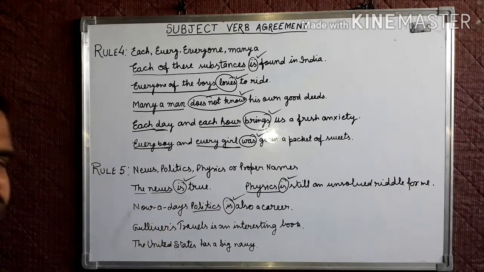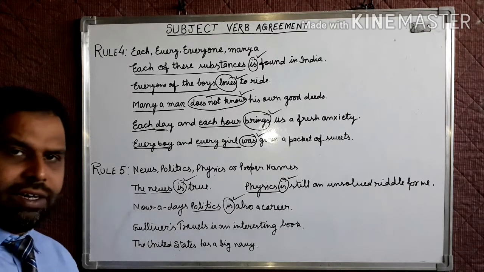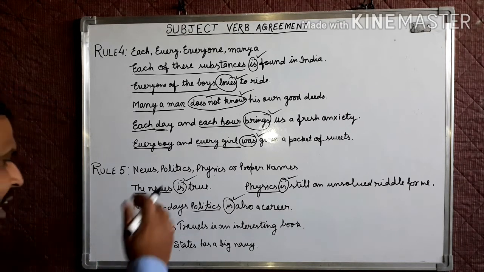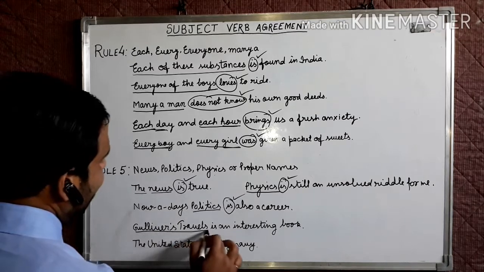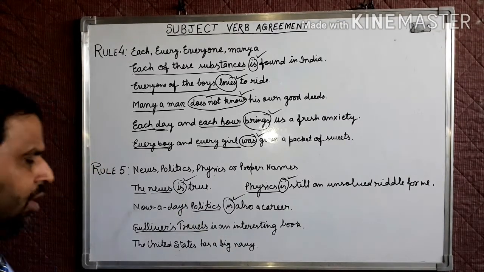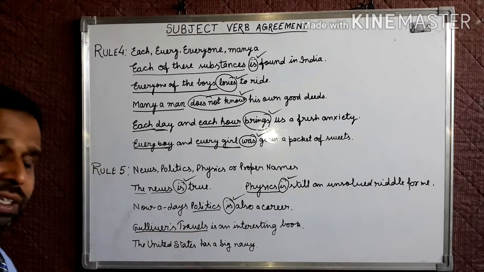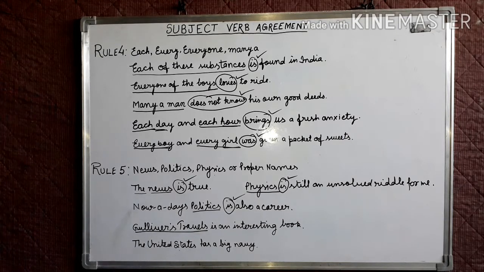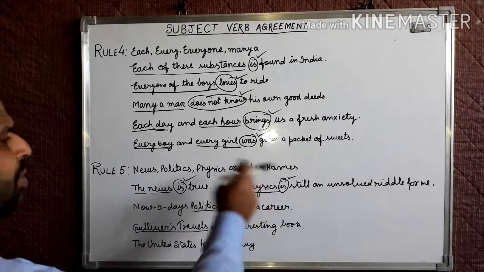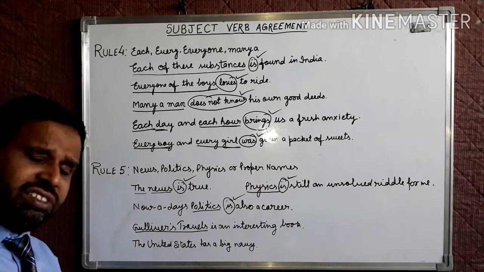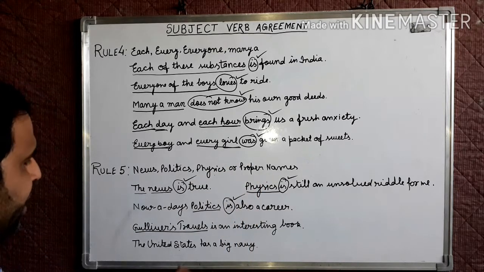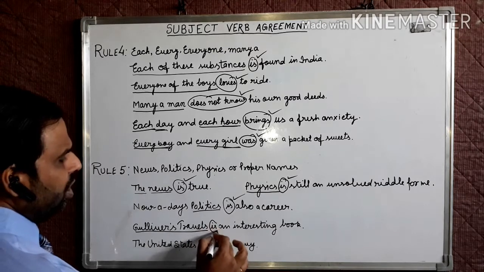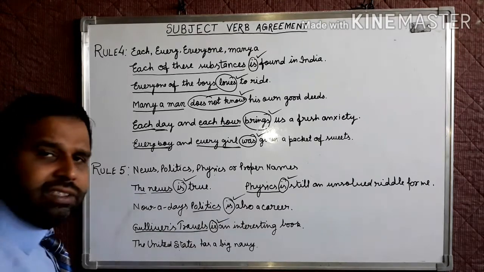Gulliver's Travels is the name of a book by Swift, and although we see that travels is plural, actually this is the name of a book, so it is a proper name, that's why it is considered as singular and we have used the verb in singular number, that is.